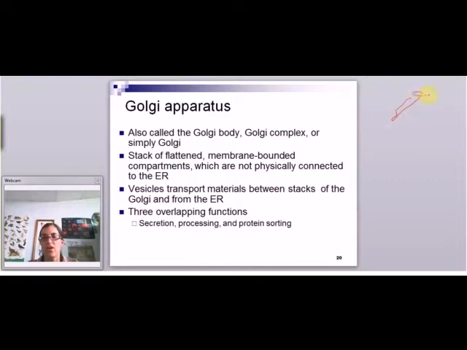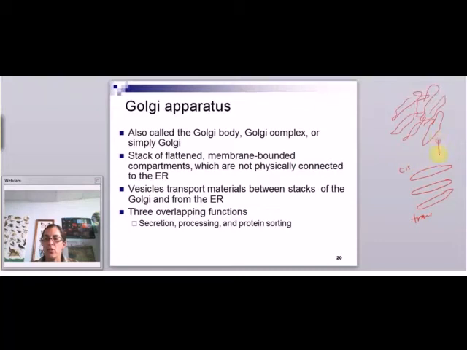So the ER is all this stuff and it kind of touches each other. My drawing here is not very pretty. And then you have the Golgi, which is a little bit separate from the ER. And there's sort of three parts to the Golgi that we'll see. There's the cis, trans, and the medial. So three distinct compartments.